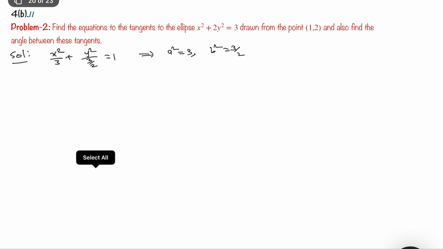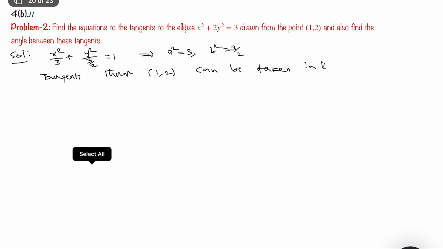So tangents through 1 comma 2 can be taken in the form y equal to mx plus under root a square m square plus b square.